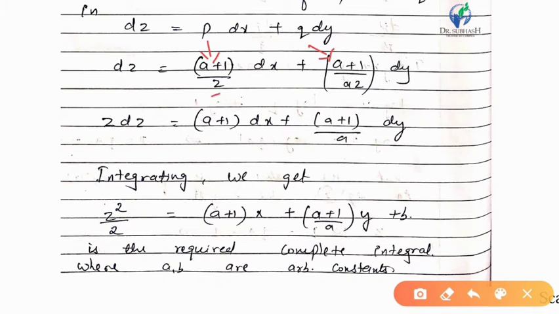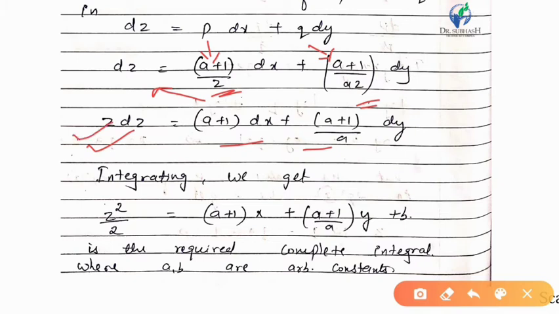Now here both the side denominator is z. I will take it to the other side by cross multiplication. So this will become z dz equal to a plus 1 dx plus a plus 1 by a dy. Now it is easy for us to integrate.